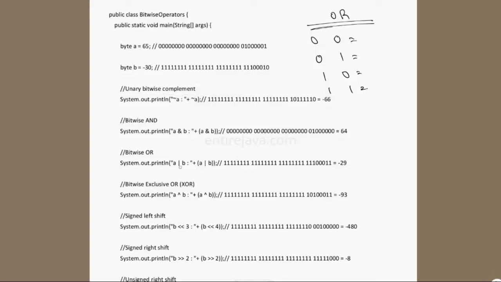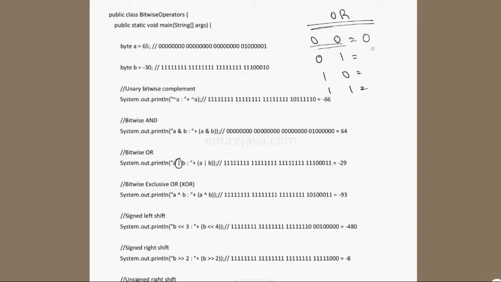We have the bitwise OR operator, and the operator looks something like this. We're trying to find the bitwise OR of A and B. When it comes to bitwise OR, there are 3 cases where we would get the value 1. If at least one of these 2 is 1, then the result will be 1.